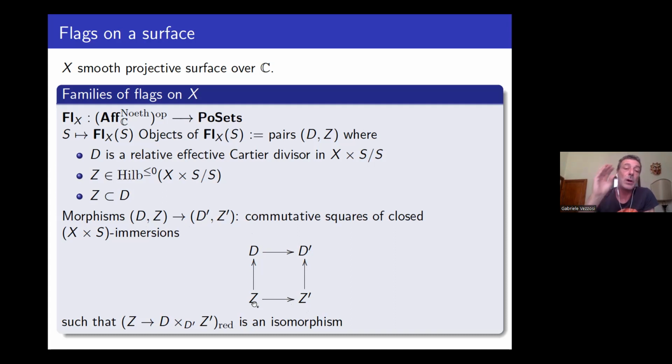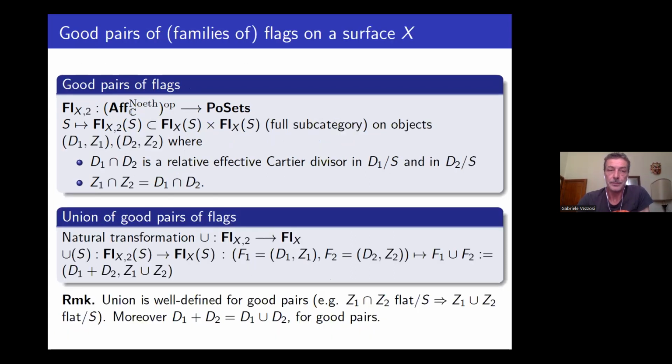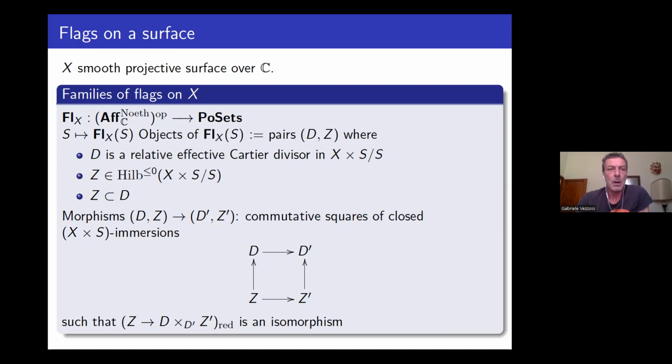So the smallest set of points is the pullback of the rest of the diagram, that is, it's an isomorphism on the reduced part. Okay, so these are morphisms. Of course, Flag X of S is a poset here, because these maps are all closed immersions.